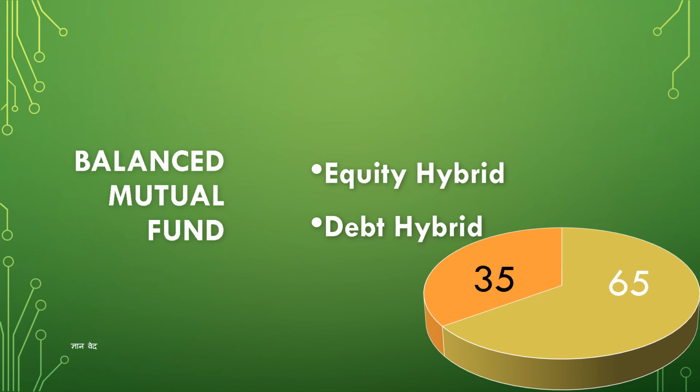In debt hybrid funds, it is not mandatory to have 65% in equity. That's how the funds are differentiated. We have a detailed video for these categories already, so please visit the channel and watch that video.